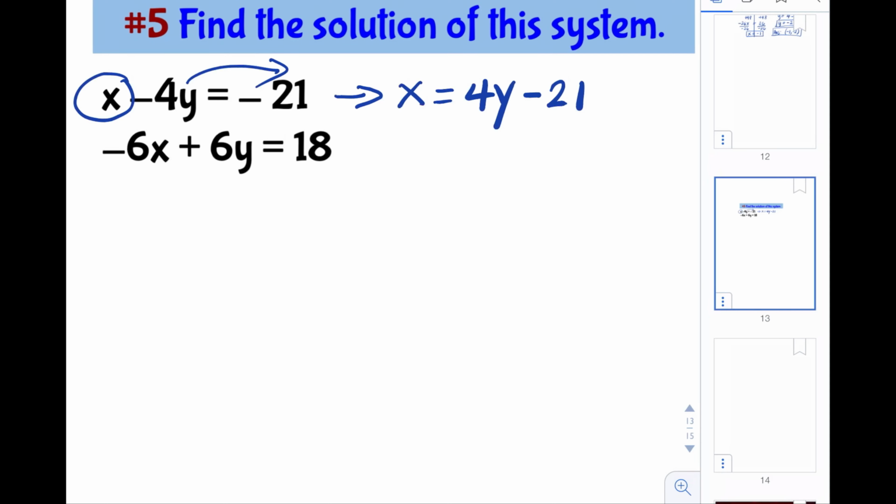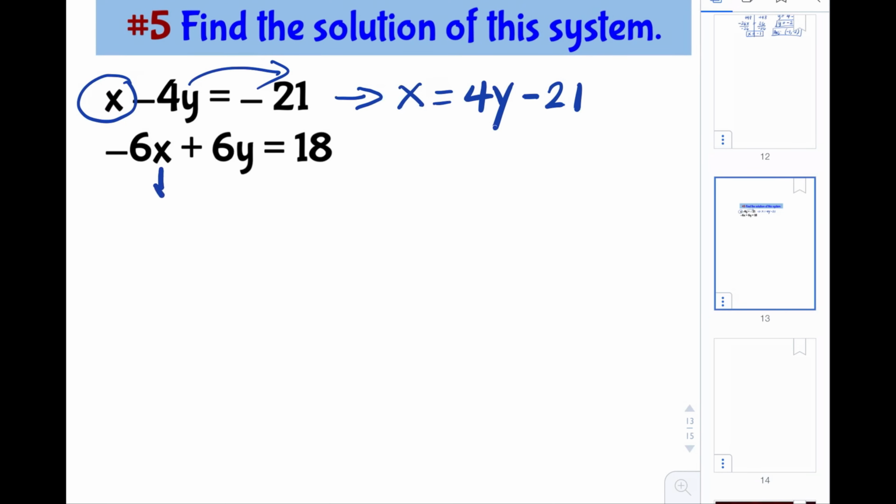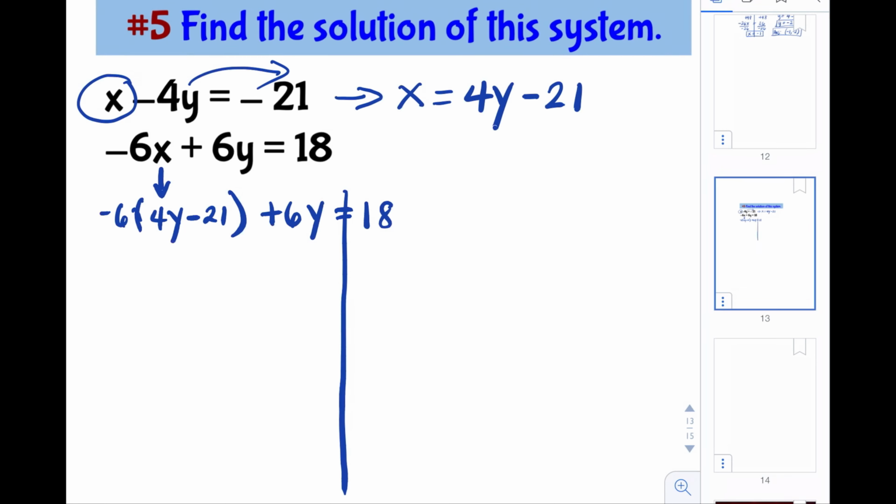Now, using the second equation, instead of x, we will replace that with 4y minus 21. So now we have negative 6 times the quantity 4y minus 21, plus 6y is equal to 18. And just like with solving equations, we will need to do distributive property first.